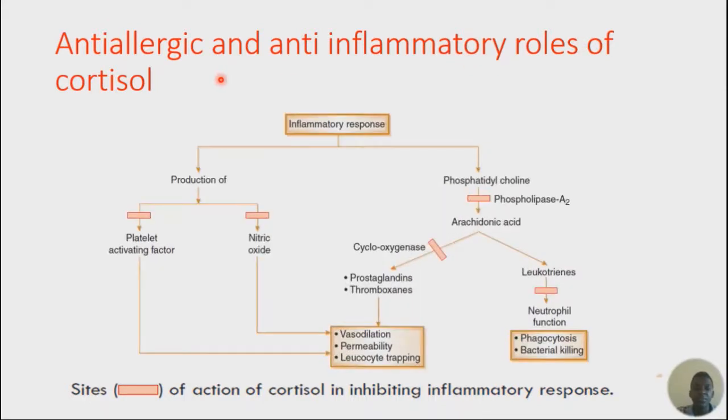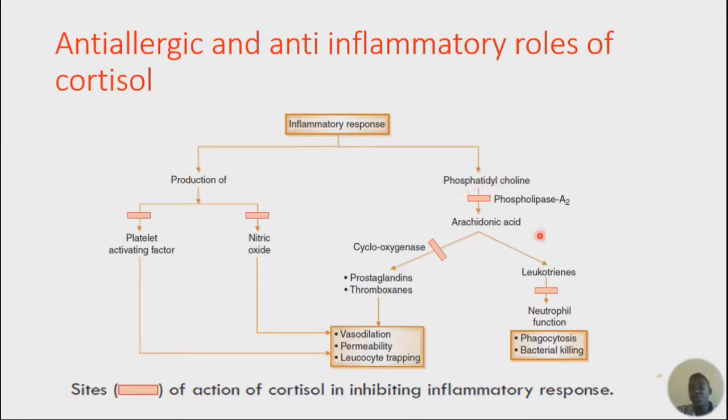Look at this. These are the sites of action of cortisol in inhibiting the inflammatory response. During inflammation, we usually produce platelet activating factor and nitric oxide. We also produce arachidonic acid using the enzyme phospholipase A2, which cleaves it from phosphatidylcholine at position 2 of this phospholipid in the membrane.